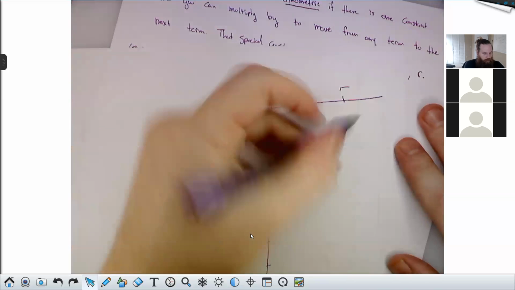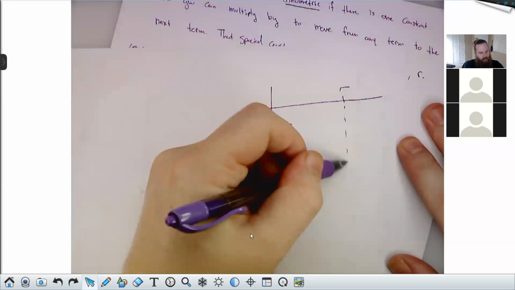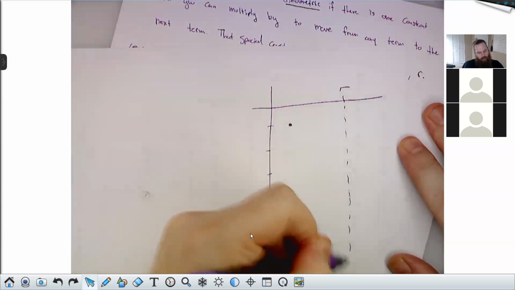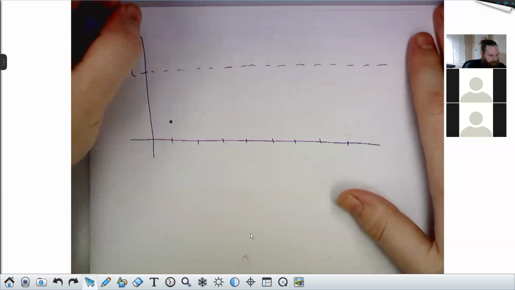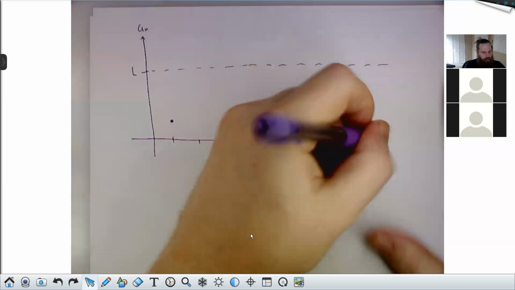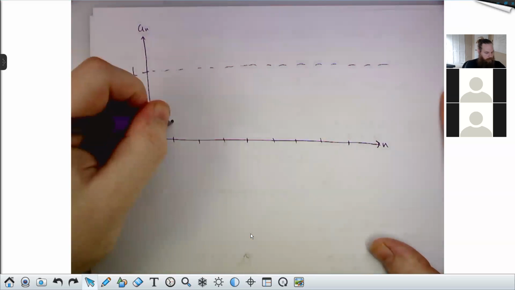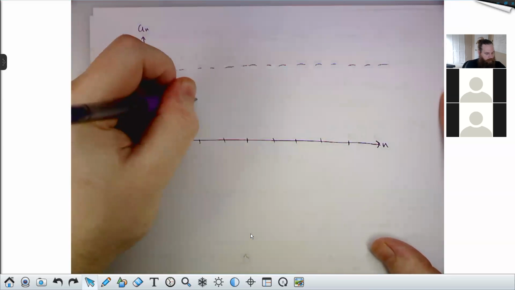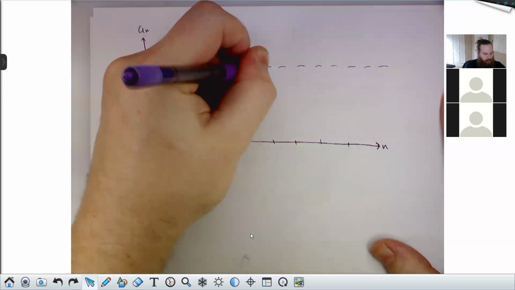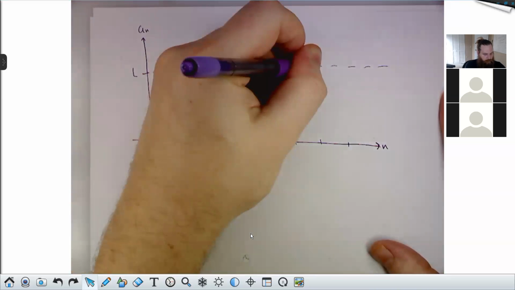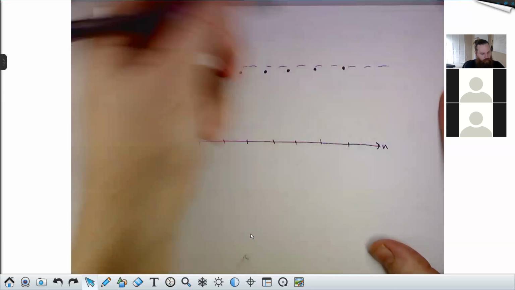So I'll add in here this horizontal line as a dashed line. Consider this graph. You don't even have to draw it, I just want you to think along with me. So maybe a_1 is here, and a_2 is here, and a_3 is here, a_4 is here, a_5 is here, a_6 is here, a_7 is here, a_8 is here.